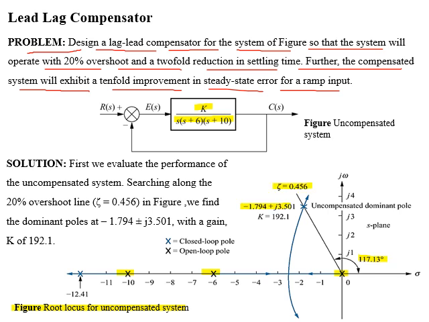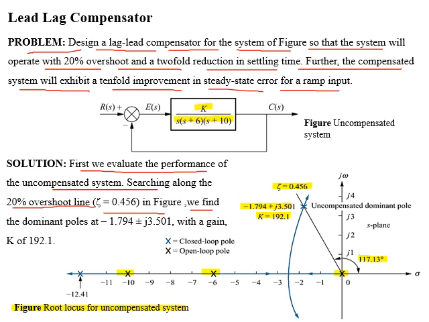And then for overshoot of 20%, we will find the value of damping ratio zeta, which equals 0.456. And corresponding to this, we will draw a radial line in S plane with the angle of 117.13 degrees, which is shown in the figure.